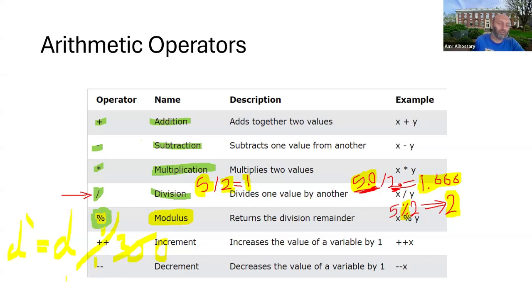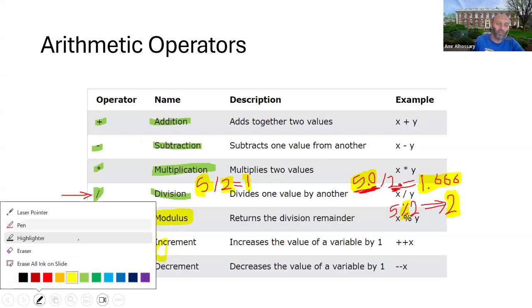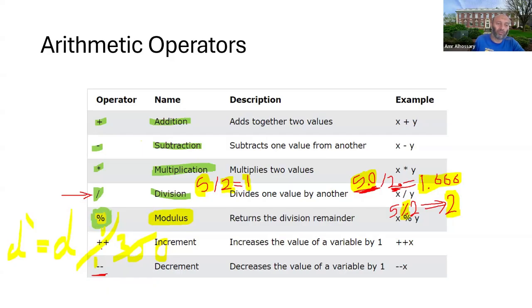We can reach the same effect by doing plus 1 or minus 1. However, these operators are much faster and efficient, but later we'll talk about why and how when we see the assembly of this operator.